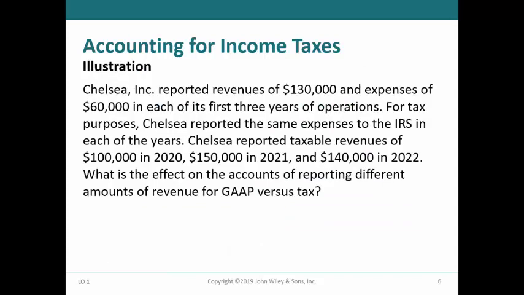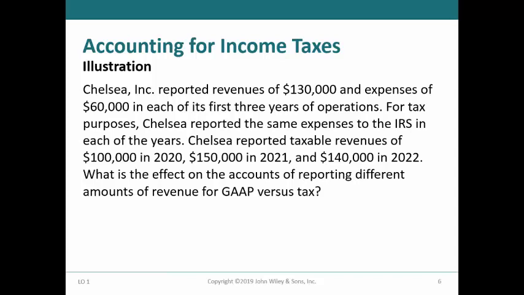In our first example, we will be looking at Chelsea, Inc. Chelsea has revenues of $130,000 and expenses of $60,000 in each of its first 3 years of operations. For tax purposes, Chelsea's expenses are the same for each of the 3 years, but the revenue reported on the income tax return for the 3 years is different.